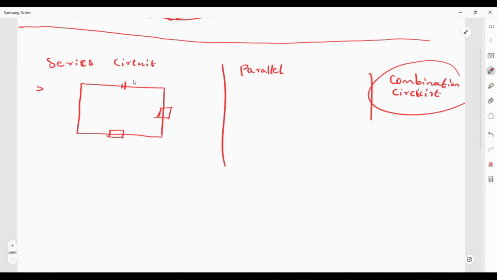So your current will be moving in this way, for example. So what you will see, let's say your current is 1.5 ampere over there. That's the current that is moving out of the battery.